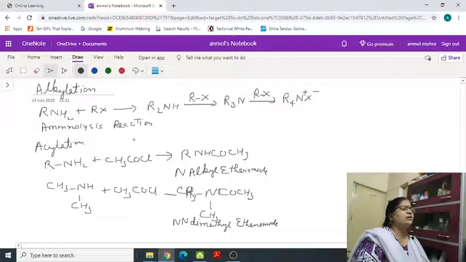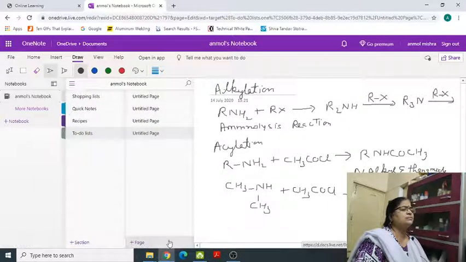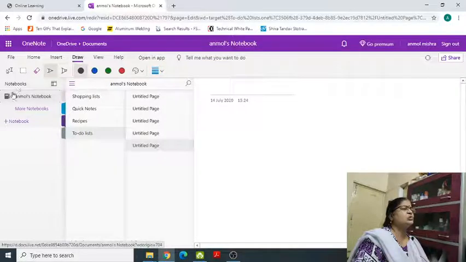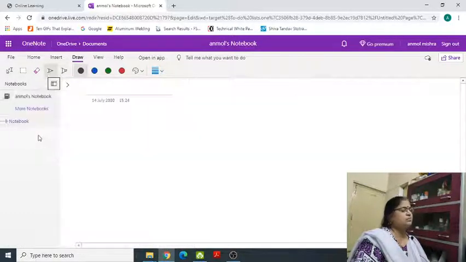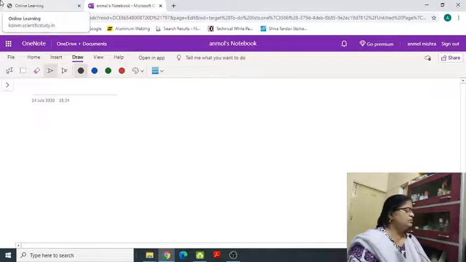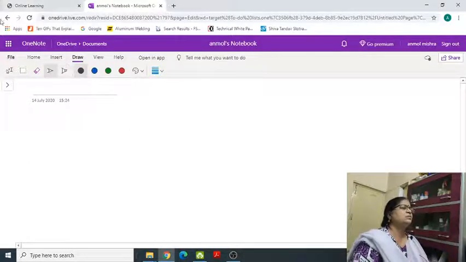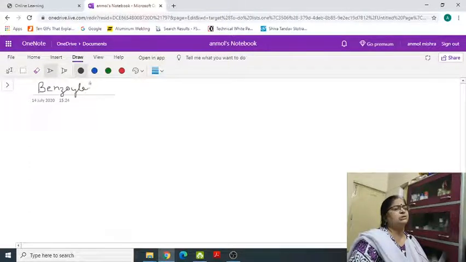One more reaction we can write, that is benzoylation, that is reaction with benzoyl chloride.